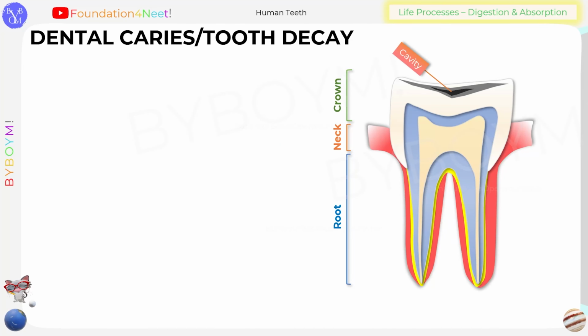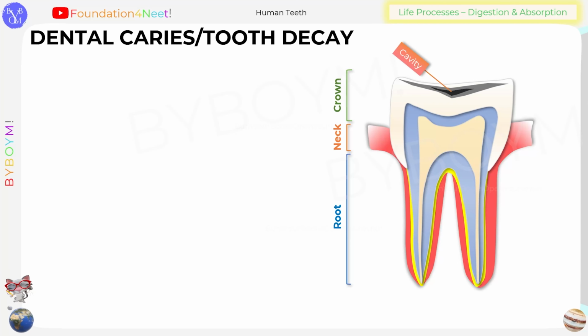So what happens is that whenever you eat food and the food contains sugar, there are these bacteria that produce acid by acting on these sugars, and this acid results in the gradual slow degradation of the enamel and dentine, and at one point of time this cavity that is forming from enamel to dentine would reach the pulp, and as soon as it would reach the pulp, you will have sensitivity over there.